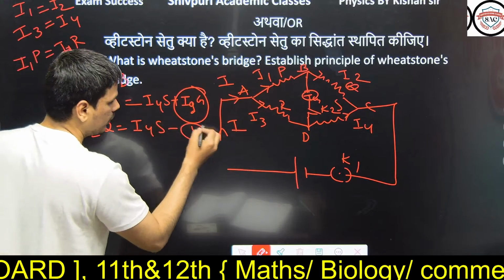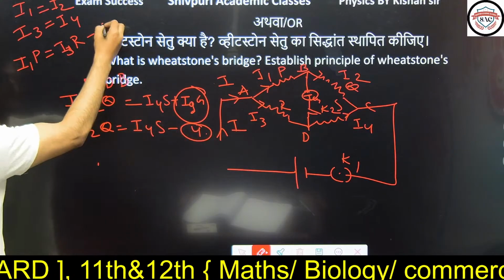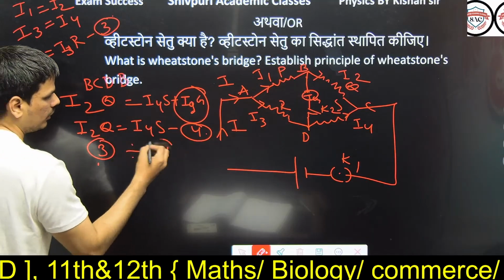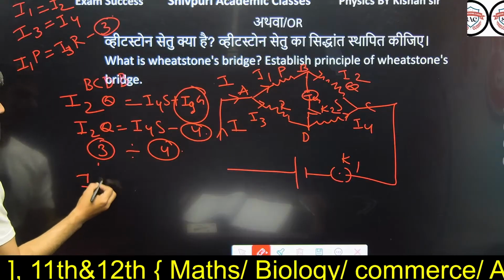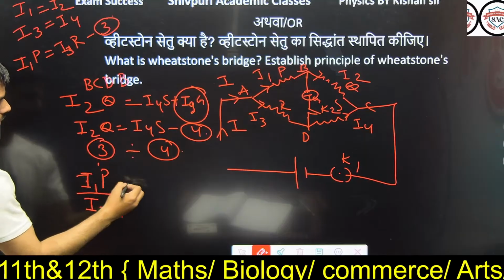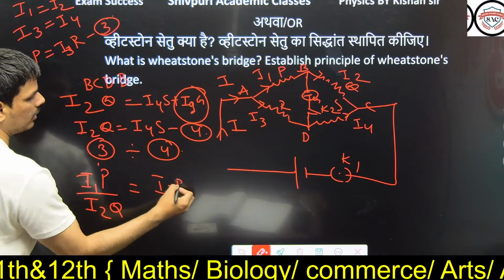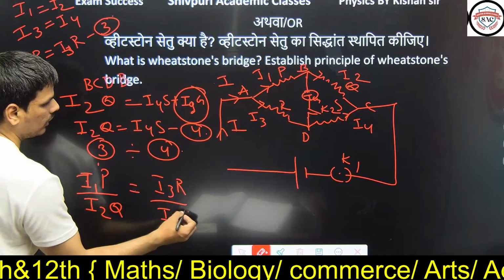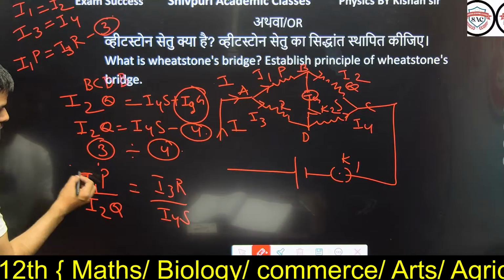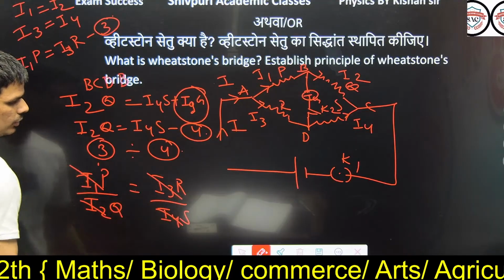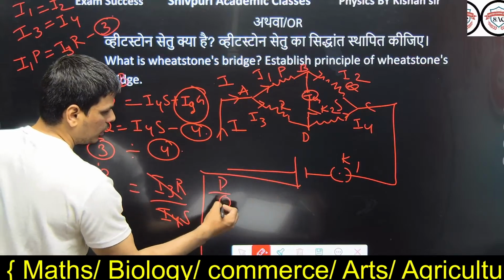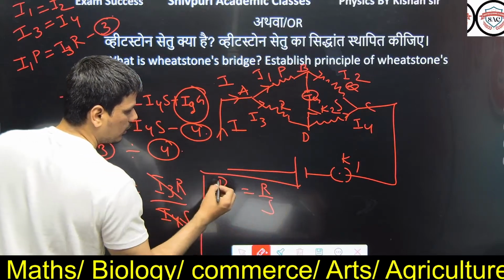This should be our equation 4. So if we divide equation 3 by equation 4, we will get I1P upon I2Q equals I3R upon I4S. But from above, we already know I1 equals I2 and I3 equals I4, so they will cancel out. So we will eventually get our relation, which is P upon Q equals R upon S.